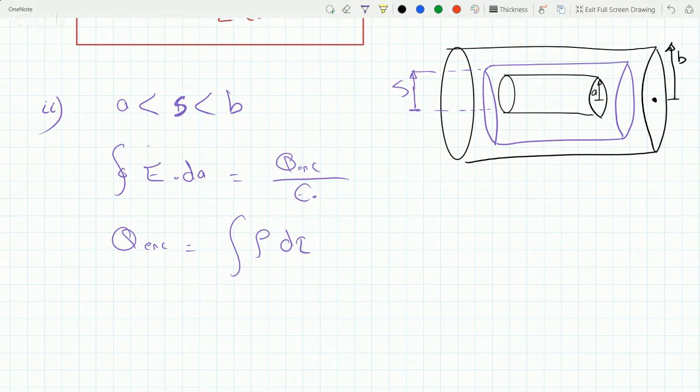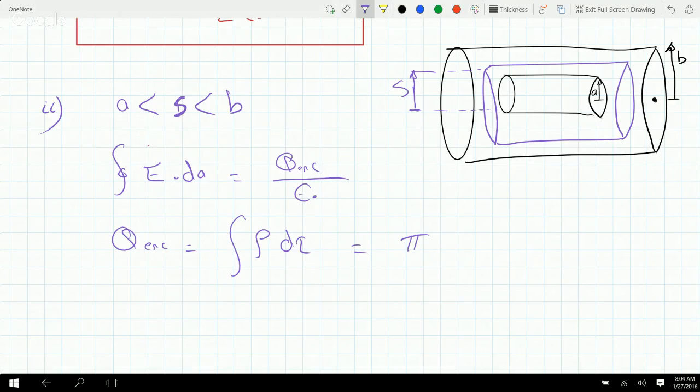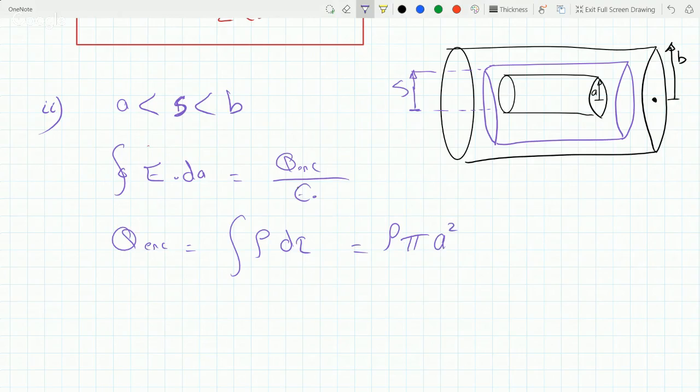So when I do the integral, I will get the entire volume of the inner cylinder, which will be pi a squared times L, where L is the length of my Gaussian surface. So rho uniform, pi a squared L.